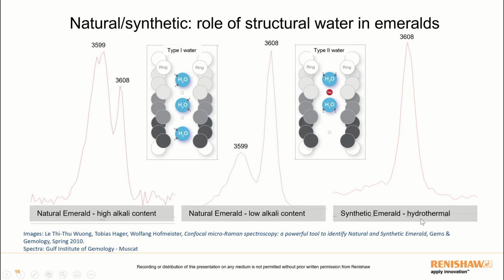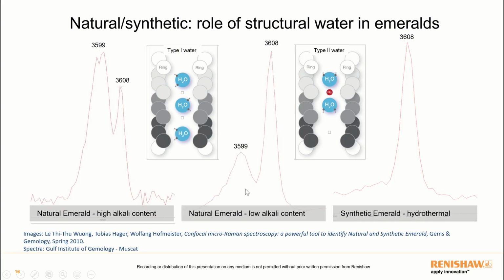In hydrothermal synthetic emeralds, we see the presence of a single band at 3608 Raman shift, and this is due to the absence of alkali elements like sodium or lithium.